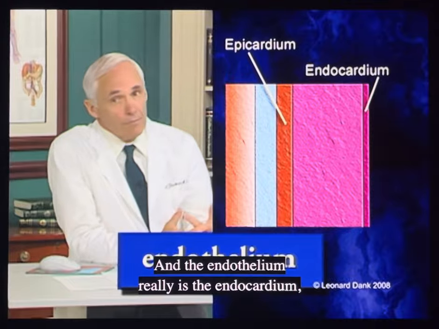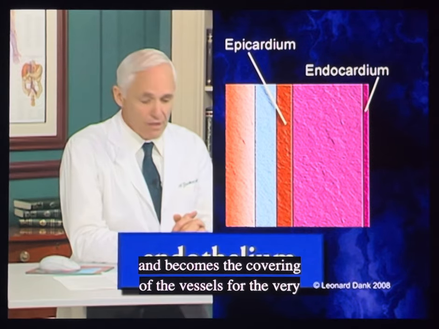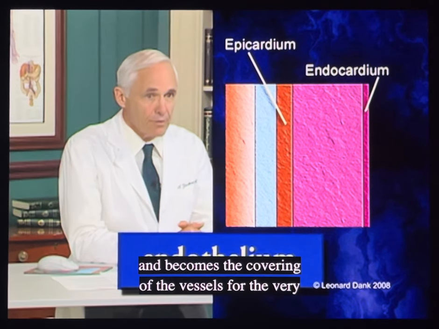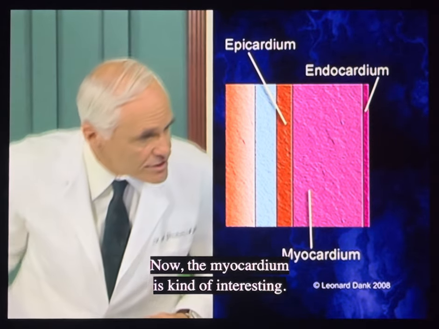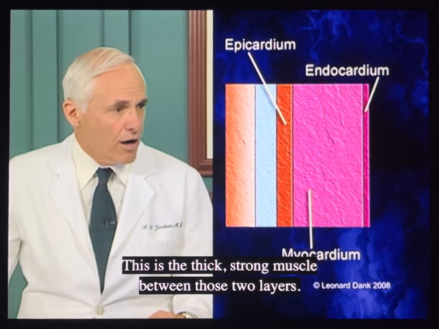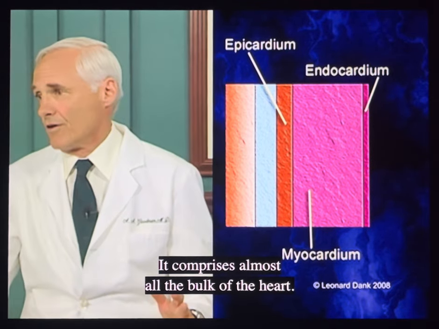The endothelium merely is the endocardium, where it goes out into the vessels and becomes the covering of the vessels for the very same purpose. Now, the myocardium is kind of interesting. This is the thick, strong muscle between those 2 layers that comprises almost all the bulk of the heart.